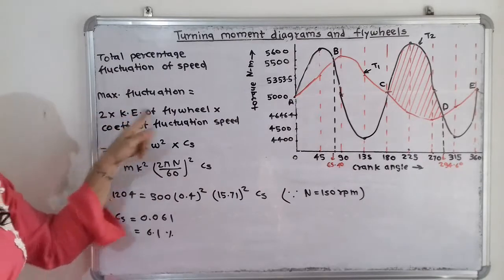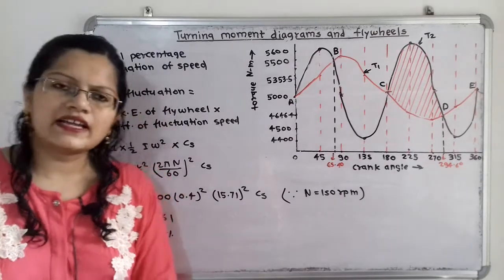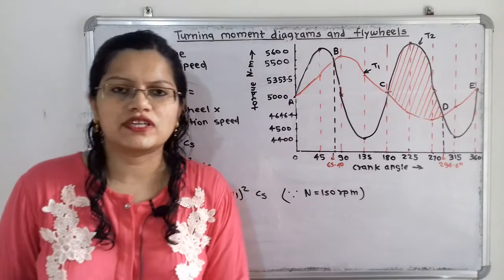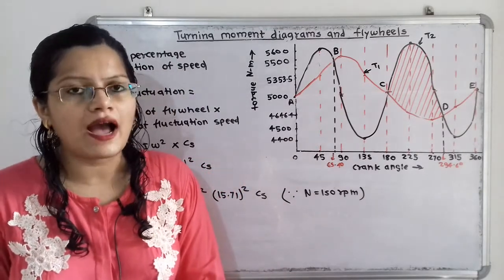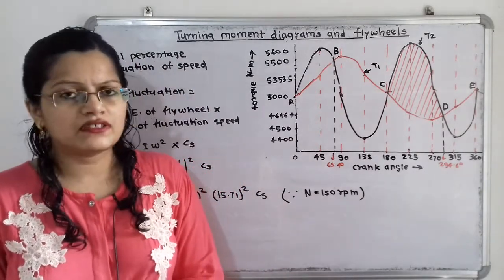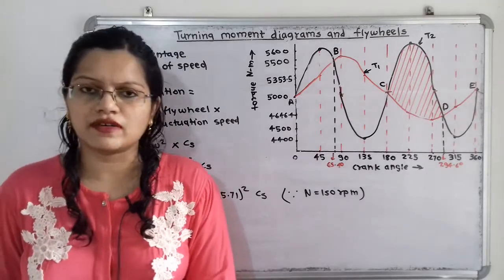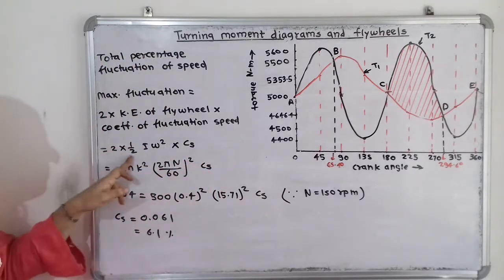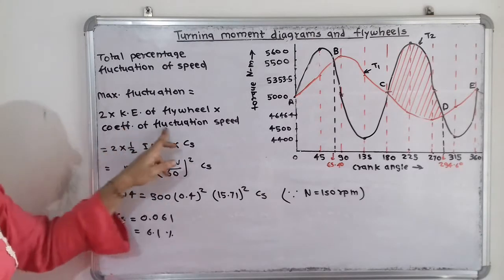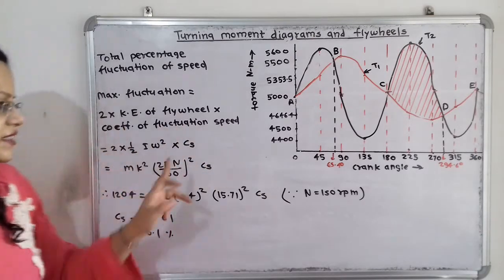What is the kinetic energy of the flywheel? The flywheel is rotating, so kinetic energy is half into mass moment of inertia multiplied by omega square, where omega is the angular velocity. So 2 into half I omega square, and the coefficient of fluctuation of speed is Cs.